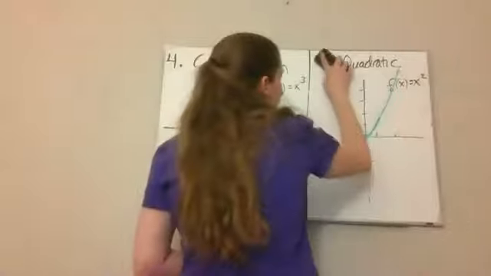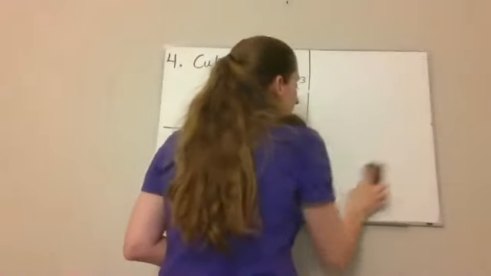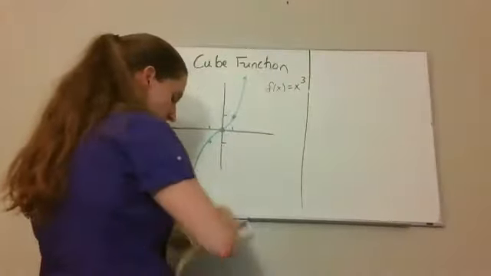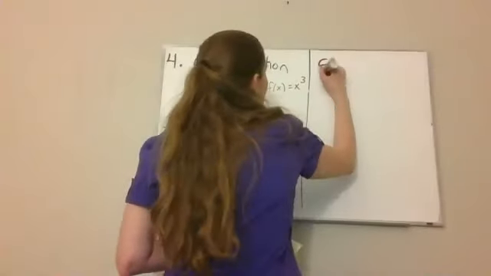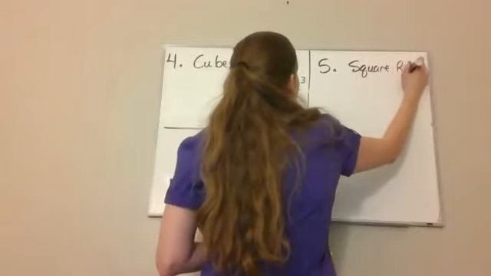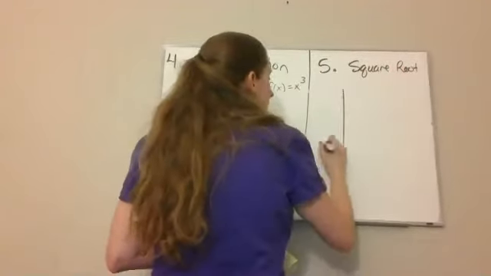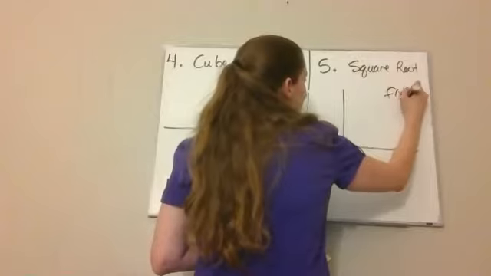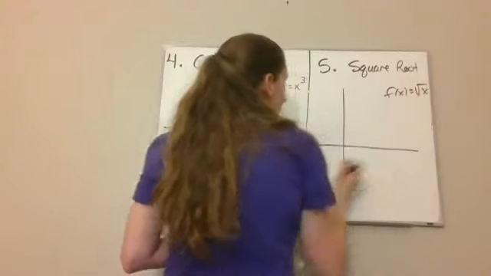Number 5 is our square root function. F of x equals the square root of x.